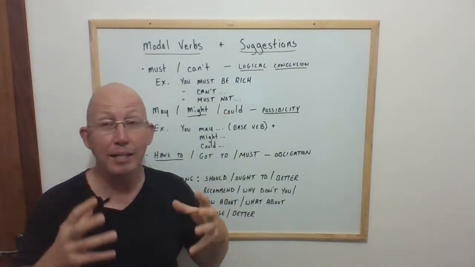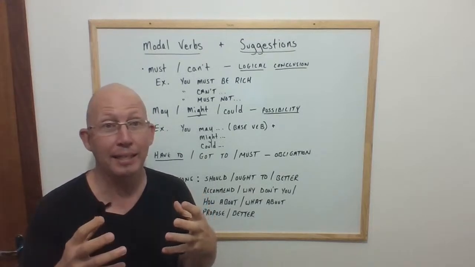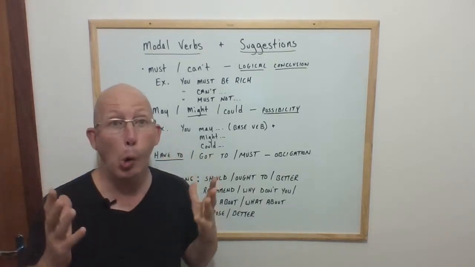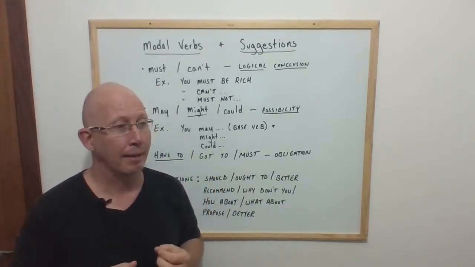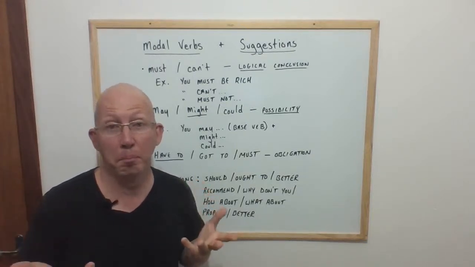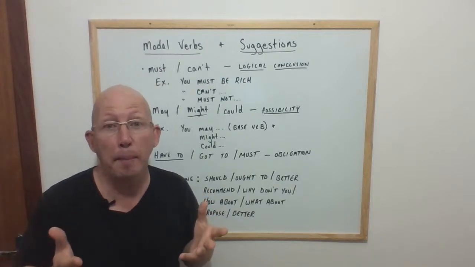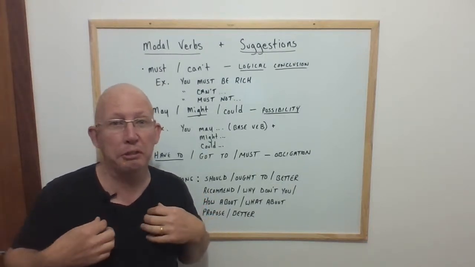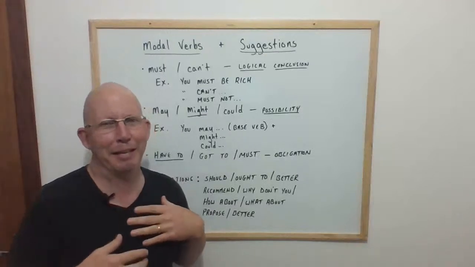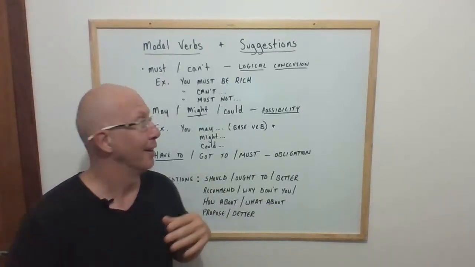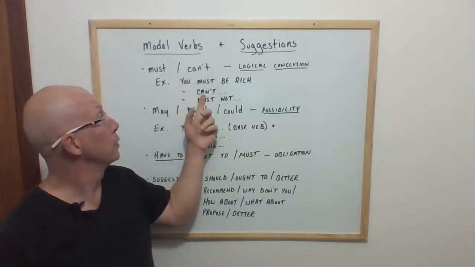The same could be true for the opposite. If you maybe don't have much money, maybe it's flip-flops, shorts, a t-shirt, okay? You look at James and say, oh, you know, he's poor. So this is a logical conclusion.